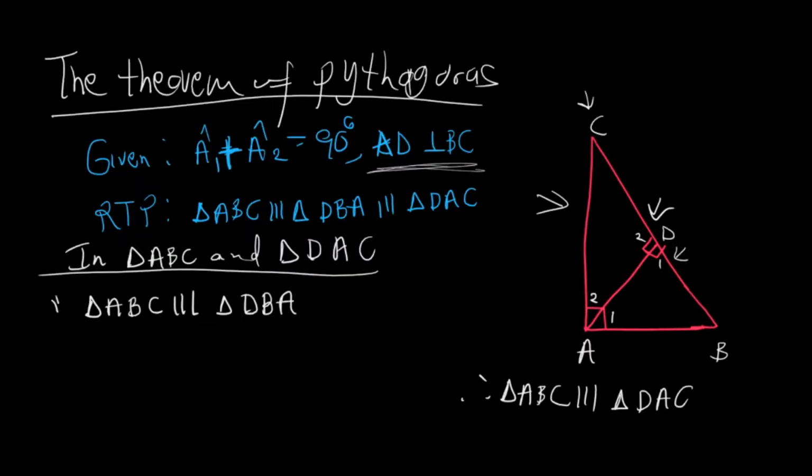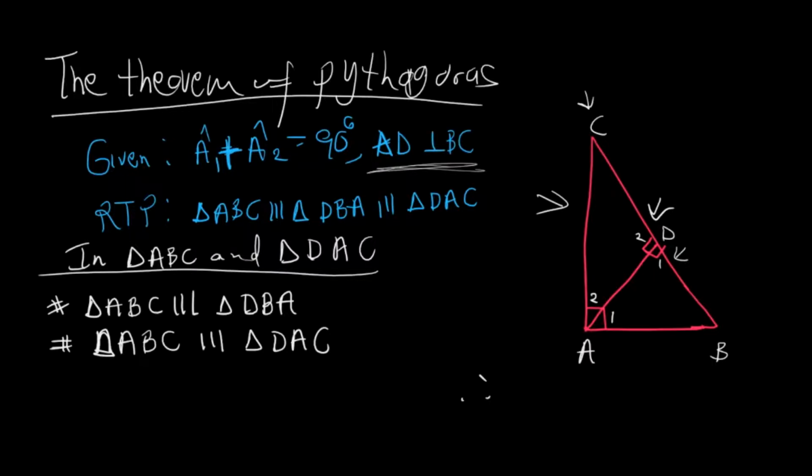That's the first thing we proved. And now we just proved that triangle ABC is similar to triangle DAC. So if we've proven these two, therefore, these two are also similar.